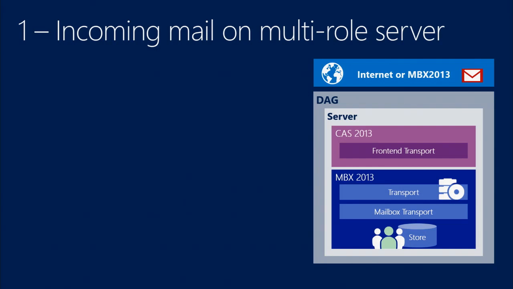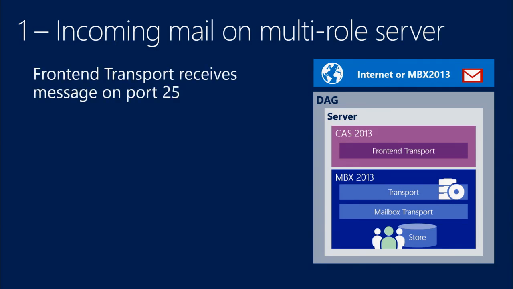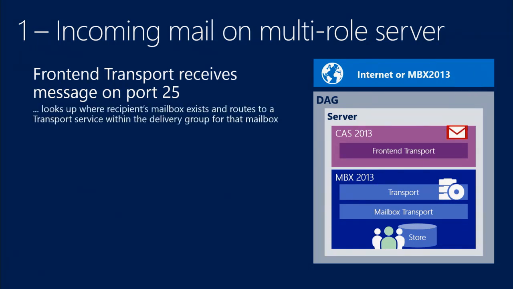I have a message coming in. The front end is going to receive that message on TCP 25. The front-end transport service will do a discovery to determine where that mailbox is located. In this simplistic example, the mailbox is going to be located on the local box because it's a single server.